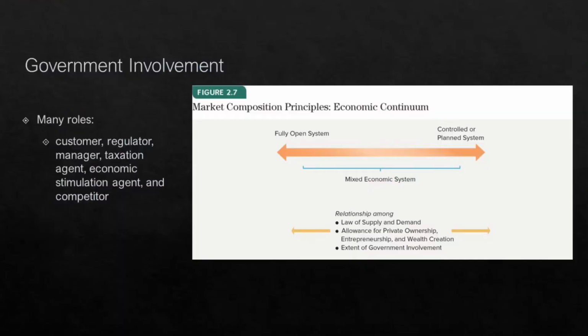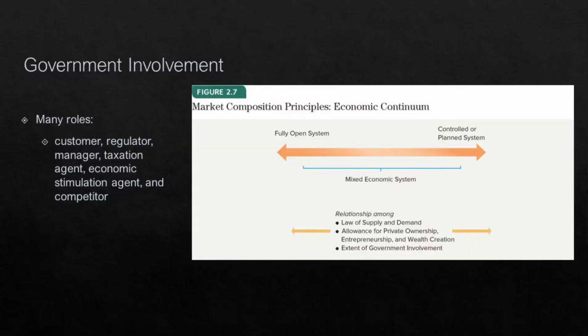Also, the government can act as a regulator. The policies and regulations of the government can restrict access or define competitive boundaries within particular sectors. The government can also act as a manager, with power granted to what are called crown organizations.